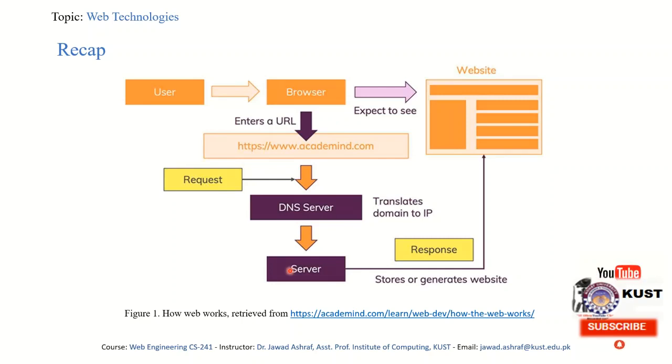The responsibility of that web server is to fulfill the request or send a response to a request of a user of a browser. So when it receives this URL, it searches for index.html or maybe index.php or .asp file, and then sends that file as a response to the browser.